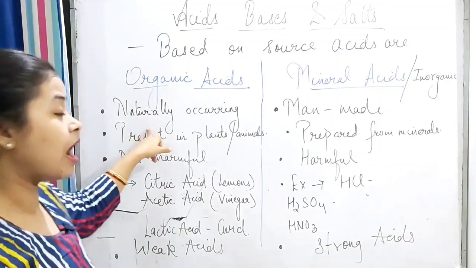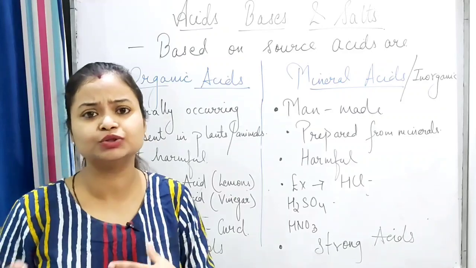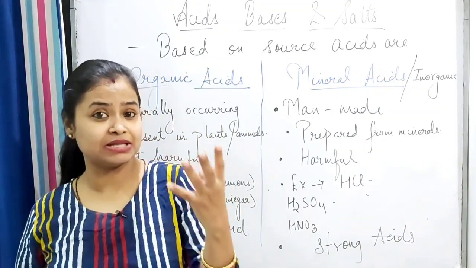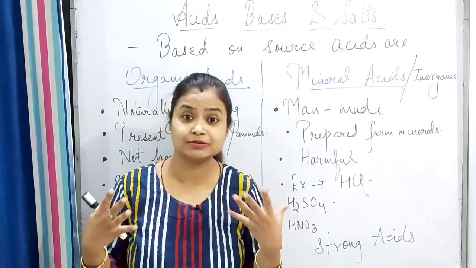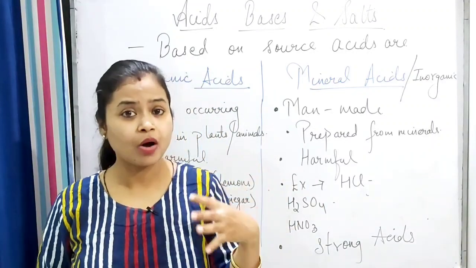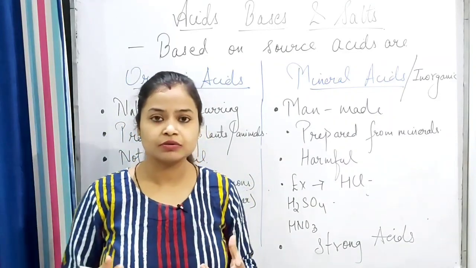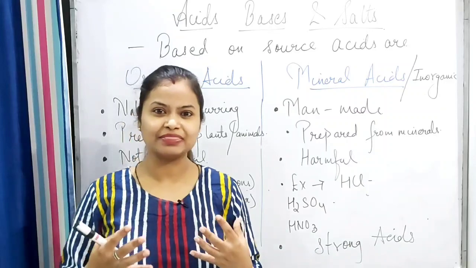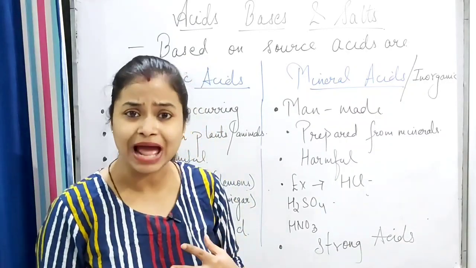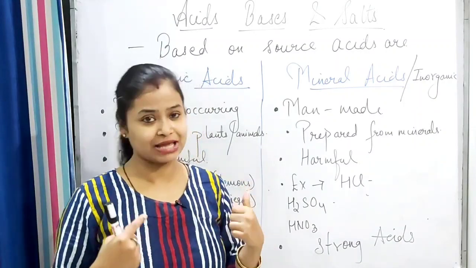Organic acids are naturally occurring acids, that is, they occur in some natural food materials, for example lemons, tomatoes, tamarind, curd. All these consist of some acids, and these are living things in the sense they are obtained from plants, and therefore they are called organic acids.